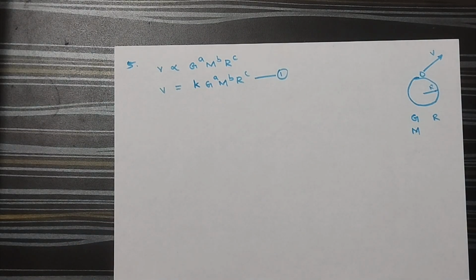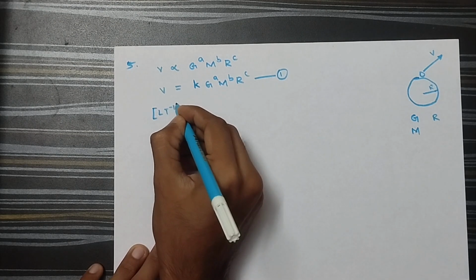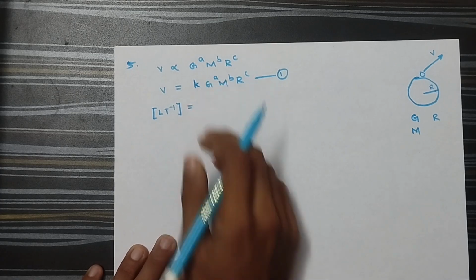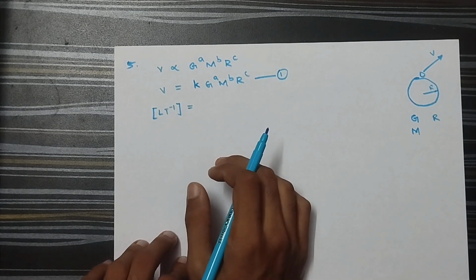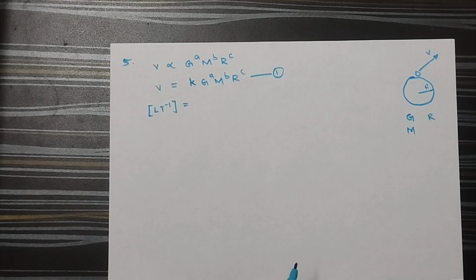Now writing it in form of dimensions. So v is L t raised to minus 1. So velocity is L t raised to minus 1. K is a dimensionless constant. Capital G is a gravitational constant.